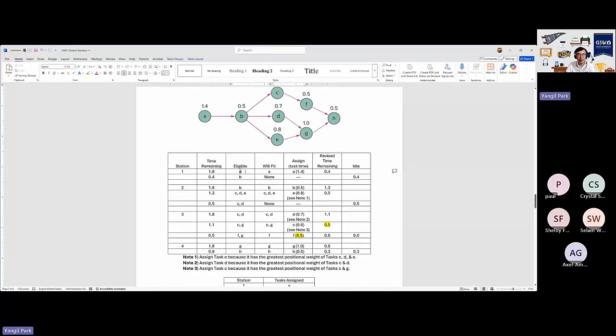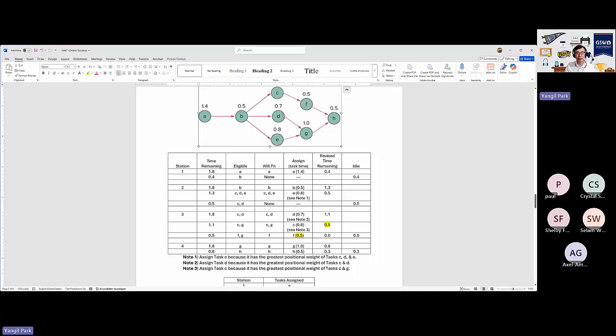Starting from A, then remaining 0.4, but again, same as the other case, we have to put it into idle because 0.4 is smaller than 0.5 minutes for task B. So starting station 2, we put task B first, then remaining 1.3, then we look for either C, D, E, and we need to pick the largest positional weight.